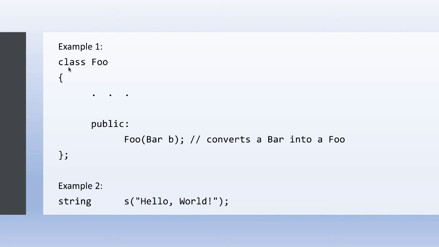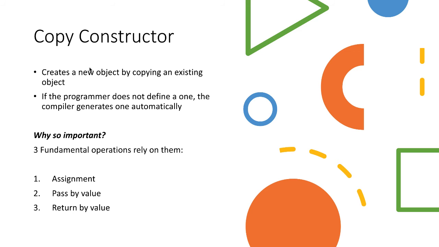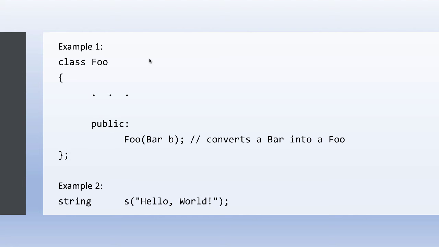So here in example 1, we have class foo. The particulars in this case are not important. Let's pay attention to just the call here. We have a constructor, as again I will repeat, we know this because there is no return type and it is named after the class.